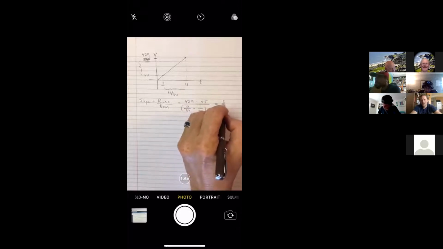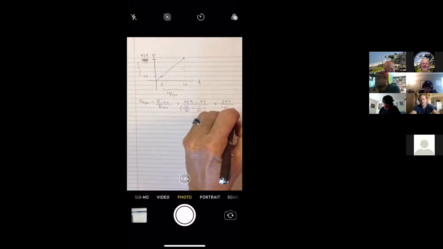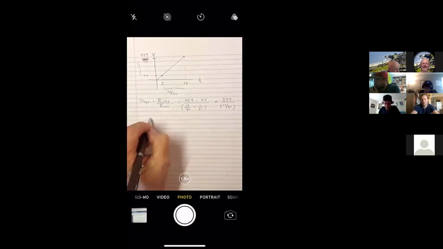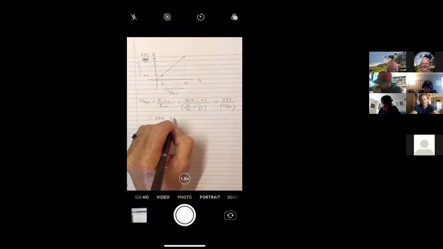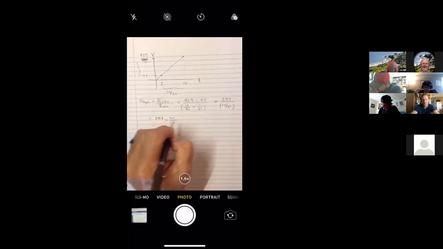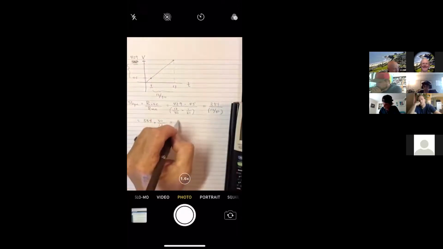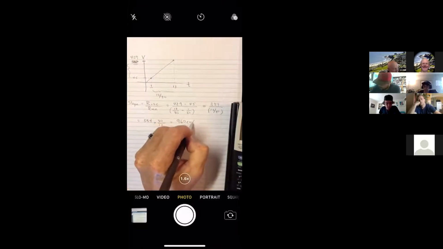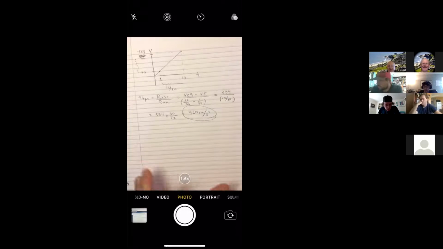So the rise becomes 384. The run becomes 12/30. This then becomes 384. And if we flip and multiply, grab a calculator, 384 times 30 divided by 12, there it is, 960 centimeters per second squared is the main part and the answer to number 7.